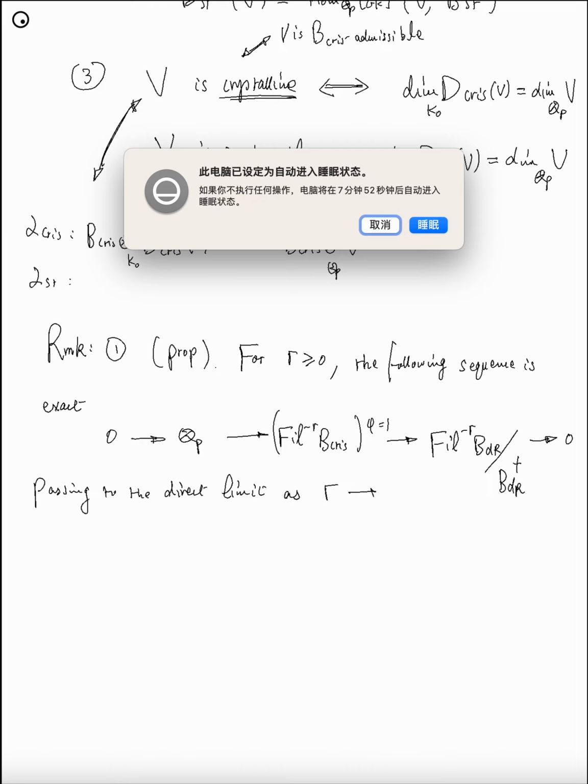As r goes to plus infinity, we get the following exact sequence.